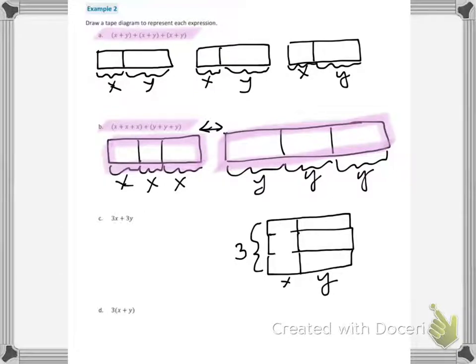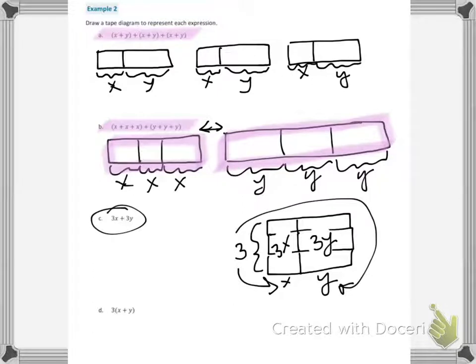So 3 times x is going to be 3x, and then 3 times y would be 3y, and there we go. 3x plus 3y, which is what we have right here, using the distributive property. Or you could have represented it, similar to this, just joining these two together.